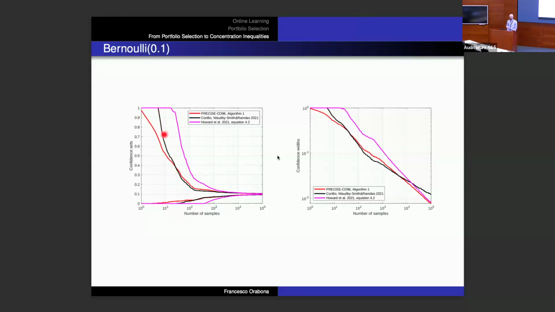The approach of Waudby-Smith and Ramdas is much better than the formulas, but the same up to a certain point, completely vacuous. This is our approach, and I don't know if you can see it, even with 1 sample, this is a logarithmic scale, but this is 1. With 1 sample, it will give you a confidence width that is strictly less than 1.